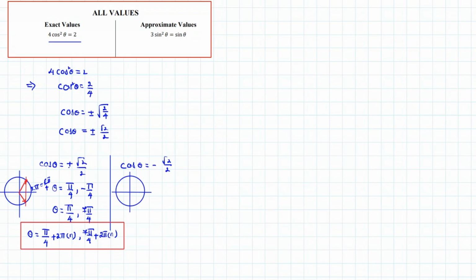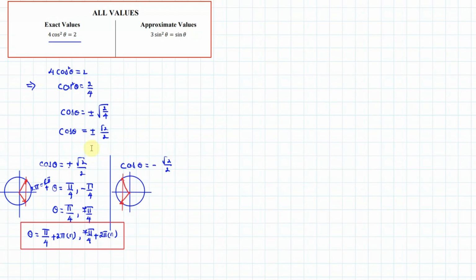Okay, now, cos theta equal to negative root 2 over 2 when theta equal to, it is in the second quadrant, right? That means in the first quadrant we have pi over 4, then the symmetric angle about the y axis, this one is 3 pi over 4.